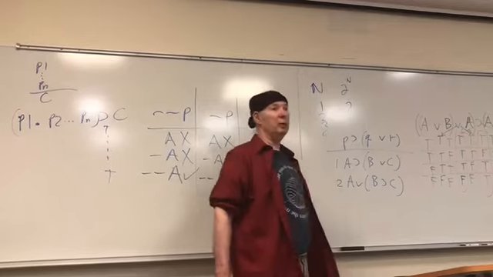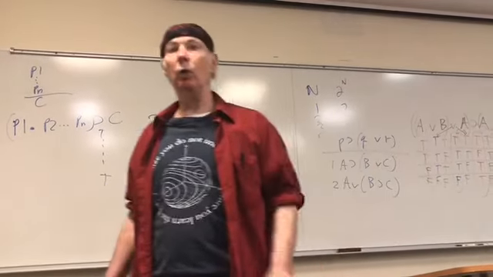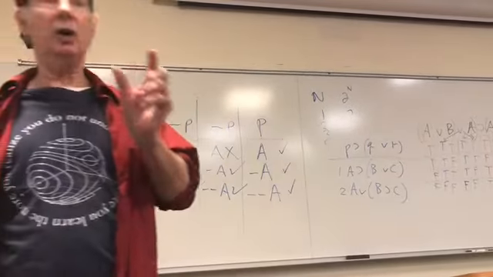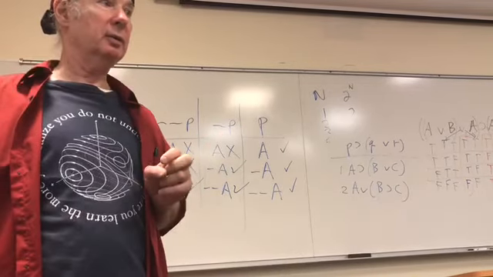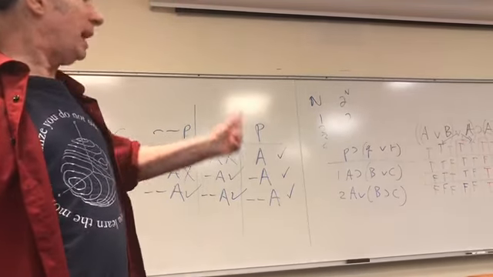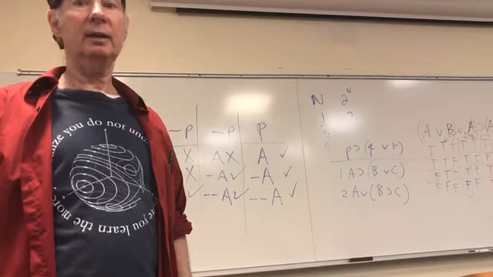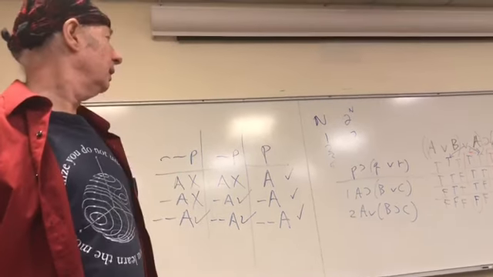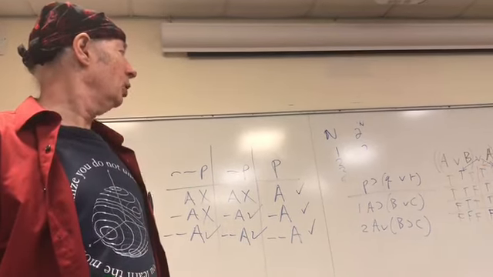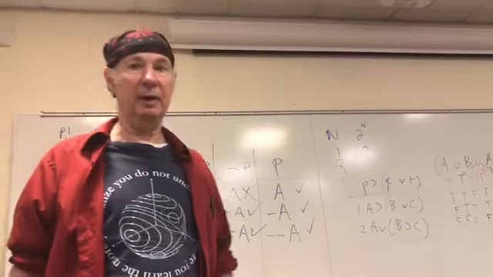A wedge, B horseshoe C. The wedge has larger scope than the horseshoe. The wedge has to its left A, and to its right, left parenthesis B, horseshoe C, right parenthesis.